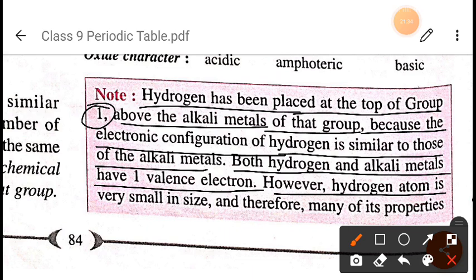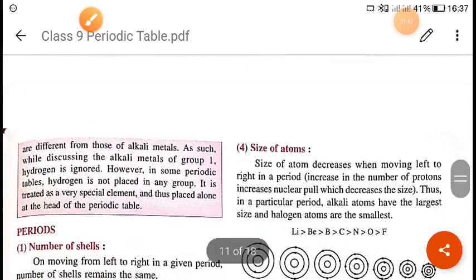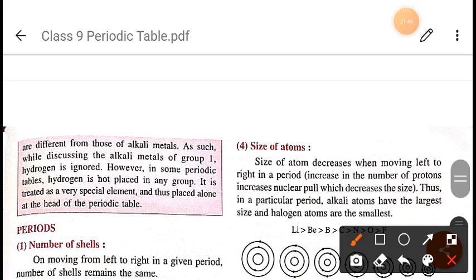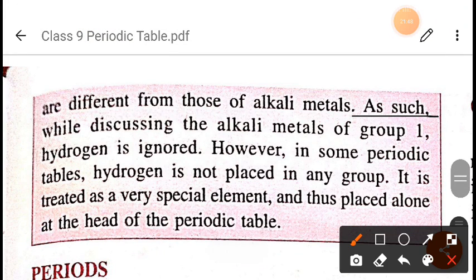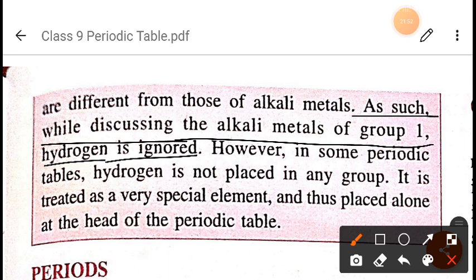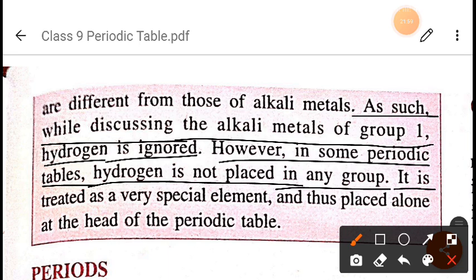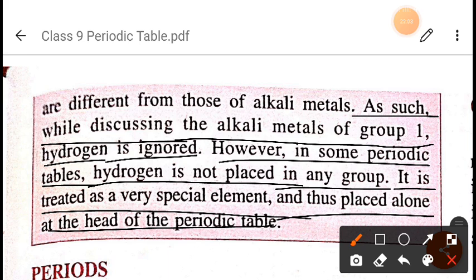However, the hydrogen atom is very small in size, and therefore many of its properties are different from those of the alkali metals. While discussing the alkali metals of group 1, hydrogen is ignored. However, in some periodic tables, hydrogen is not placed in any group. It is treated as a very special element and thus placed along the head of the periodic table.